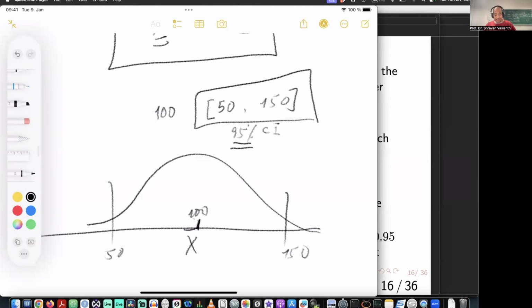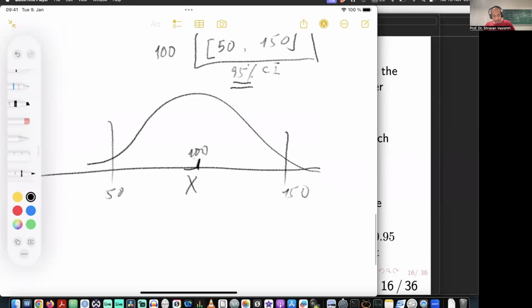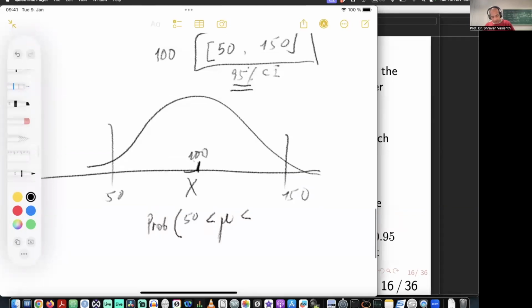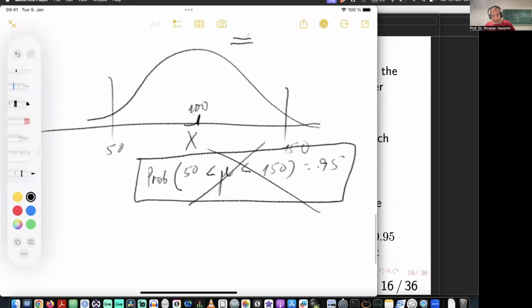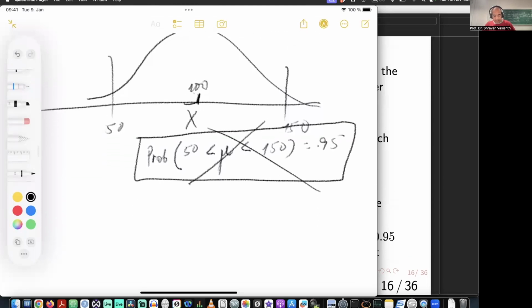However, it doesn't tell you anything about the probability that your true mu, your unknown mu, lies between these values. So what I'm trying to say is that people think that this is what the confidence interval tells you, but this is not what the confidence interval can tell you. And the reason for that is that mu is a constant value.